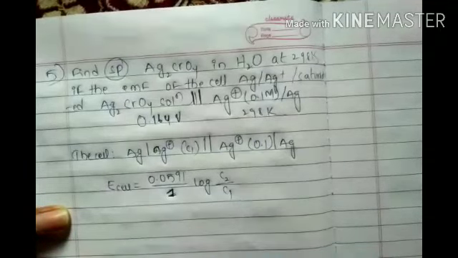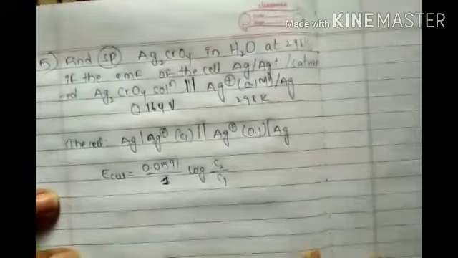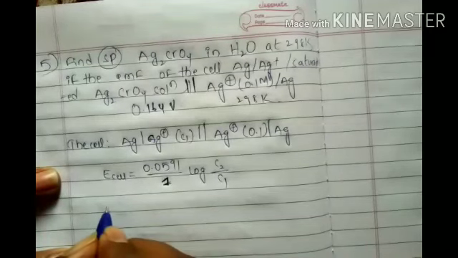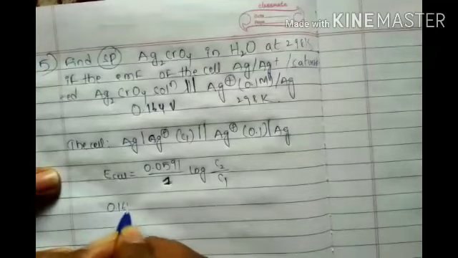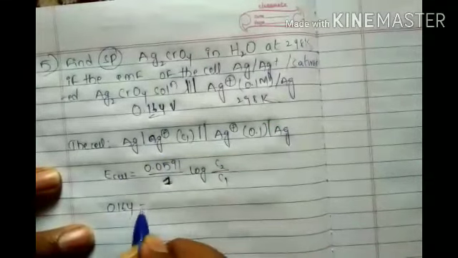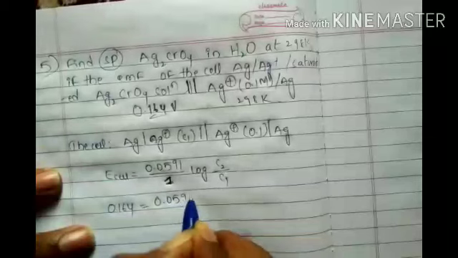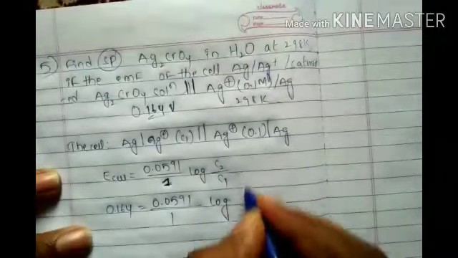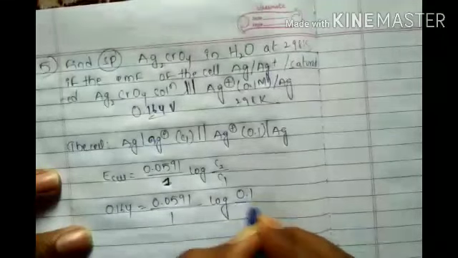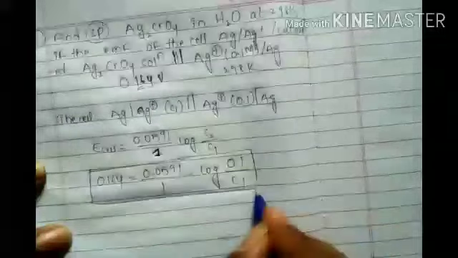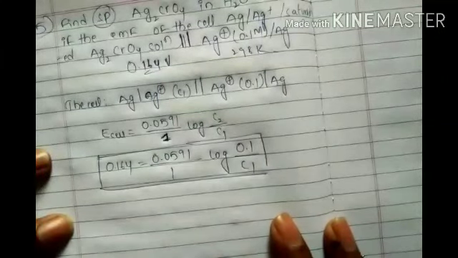E cell is 0.164, given in the question, equals 0.0591 by 1 log 0.1 by C1. C1 we don't know. This is for concentration finding purpose.